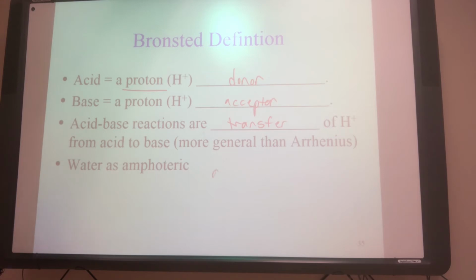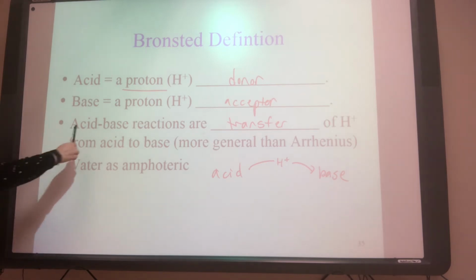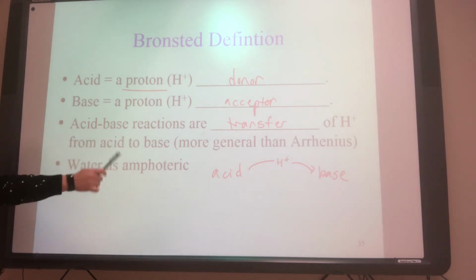The acid is going to donate the H plus and give it to the base. So the acid loses the H plus and donates it to the base. The base accepts the H plus from the acid. So that's going to be an acid-base reaction when an acid and a base react together. This is what's going to happen.